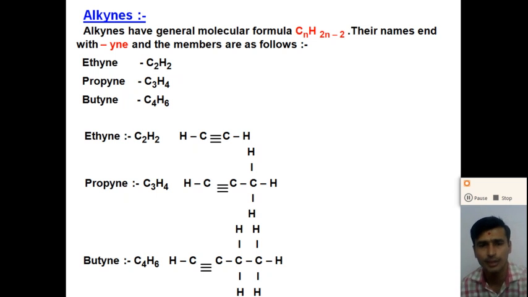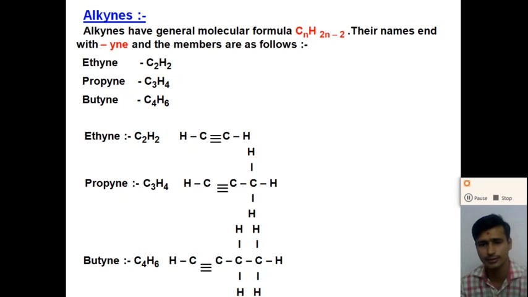So the carbon atoms make a triple covalent bond, and the other valencies of the carbon atoms are fulfilled with hydrogen atoms. Here C2H2 is ethyne, C3H4 is propyne, C4H6 is butyne, so you can draw the structures easily.